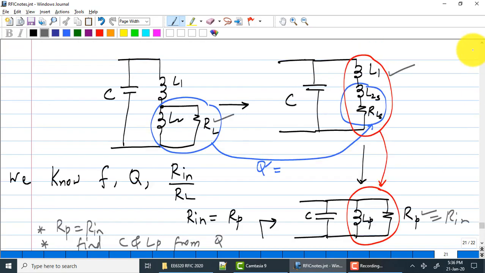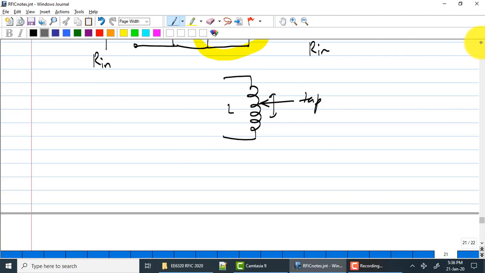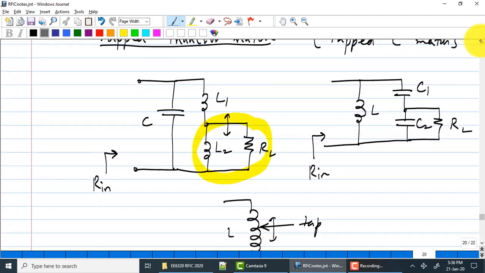Tapped capacitor match will be similar, as you might imagine. I hope I don't have to do that. Now, I'll probably try to post some notes on the derivation of the impedance. You can just brute force this and calculate the input impedance of the tapped inductor structure here.